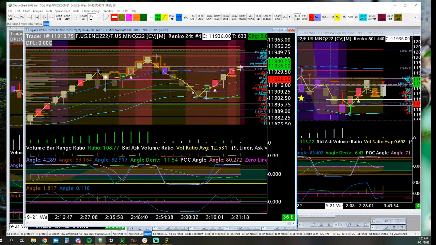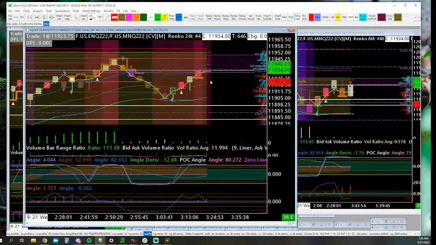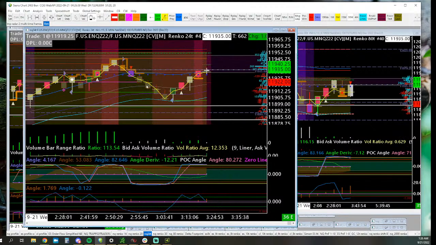But what I was going to say is the other place where it might be helpful is when it shows up right after the dark one, or sorry, the bright one. Because we know if the bright one goes away and there's no light pink and there's a signal, it's usually a pretty good short.